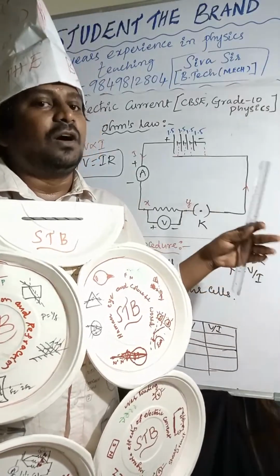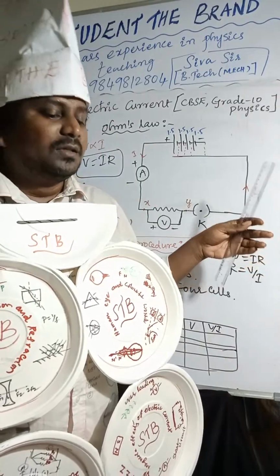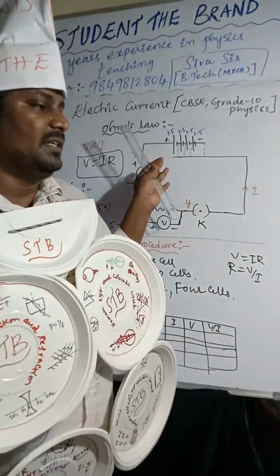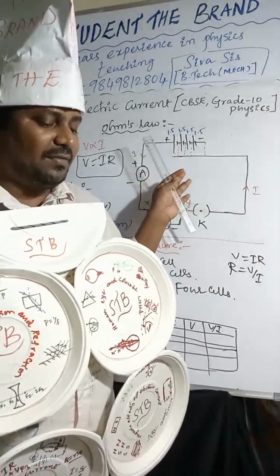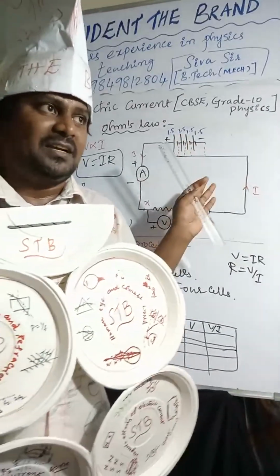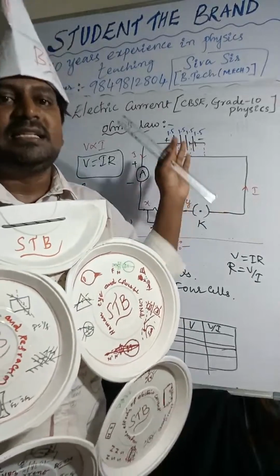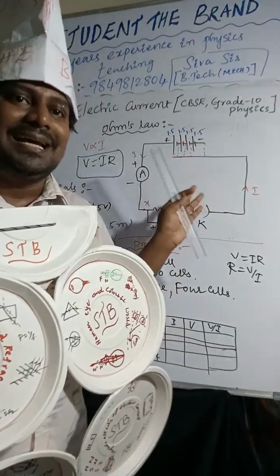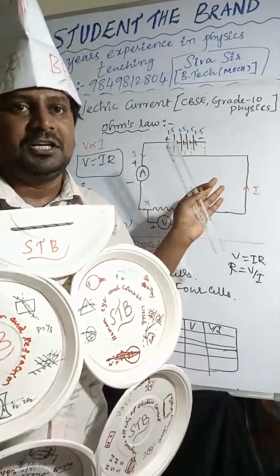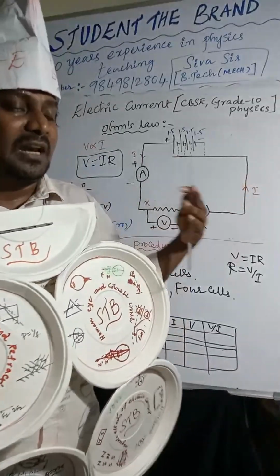Once again, the potential difference across the ends of the given metallic conductor is directly proportional to the current flowing through it at a constant temperature, and physical conditions also the same.